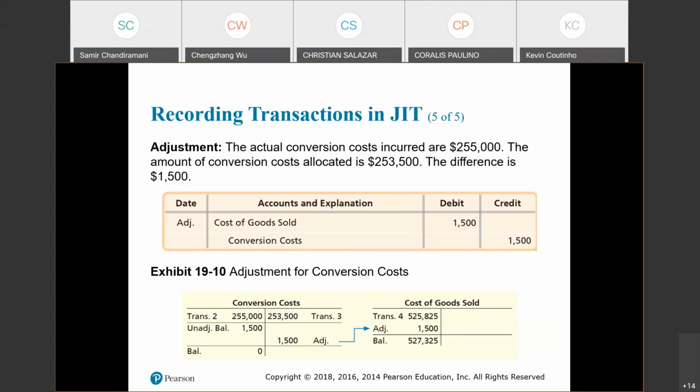So this underallocation of $1,500 should be moved to the COGS account, so that the ending balance of conversion costs at the end of the accounting period is 0. Because, as I said, this account is a temporary account in JIT costing.